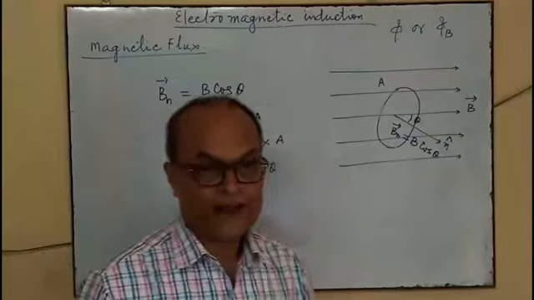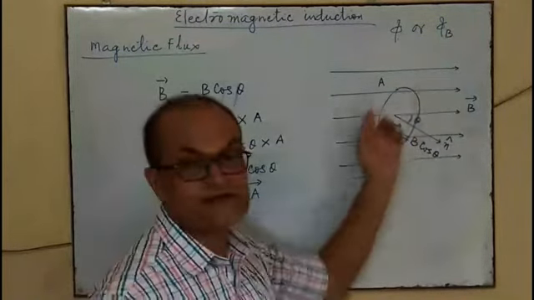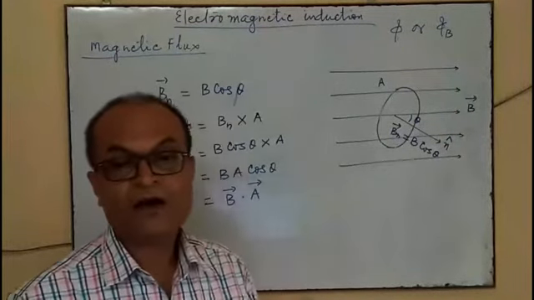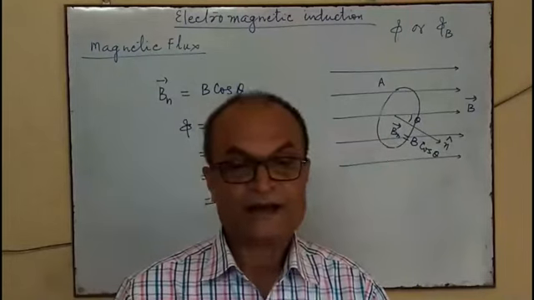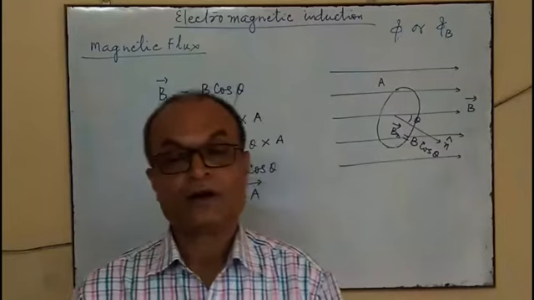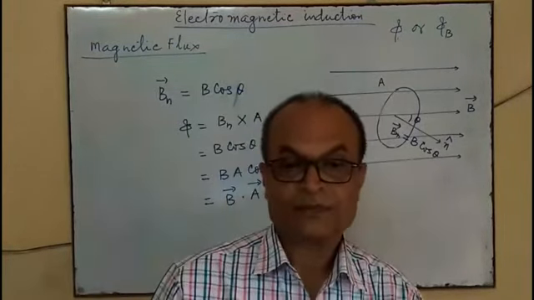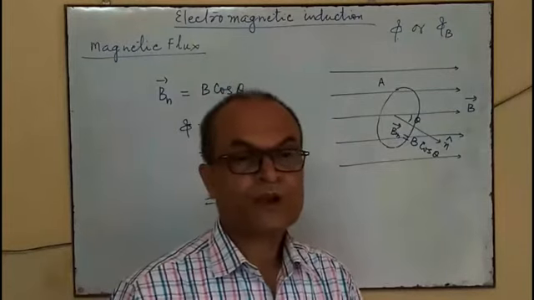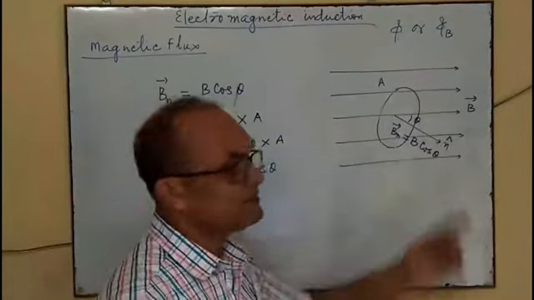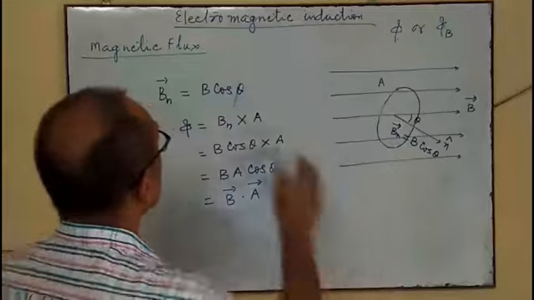Thus magnetic flux through this given surface is the product of the area of the surface and the component of magnetic field along the normal to the plane of the surface. Now we have some conditions. Suppose the angle between B and this normal is 0 degree.